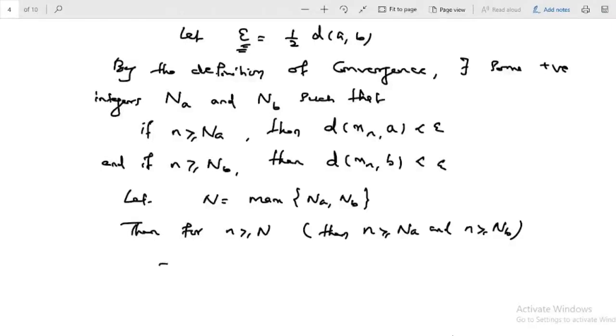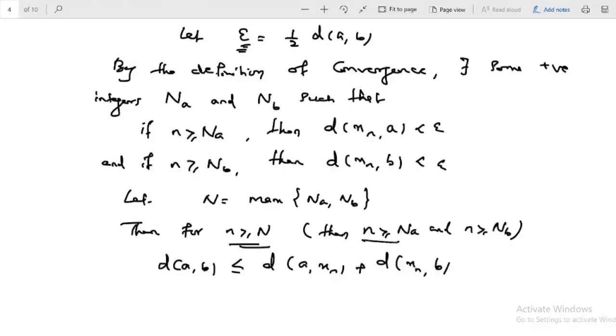Therefore distance between a and b is, ഇടയ്ക്ക് x_n കൂടെ കയറ്റി, by the triangle inequality, distance between a and b is less than or equal to d(a, x_n) plus d(x_n, b). And for n greater than or equal to N, we have n greater than or equal to N_a.